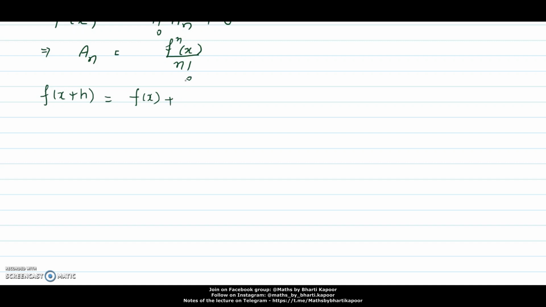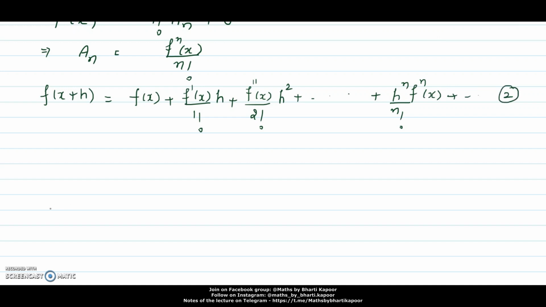In the next term we had a1 h, and a1 is f dash x, the first order derivative, upon 1 factorial into h. Then it was a2 h square, that means f double dash x upon 2 factorial into h square, and so on, h raised to power n upon n factorial into the nth order derivative of f(x), and so on. Let's mark this as equation number 2.